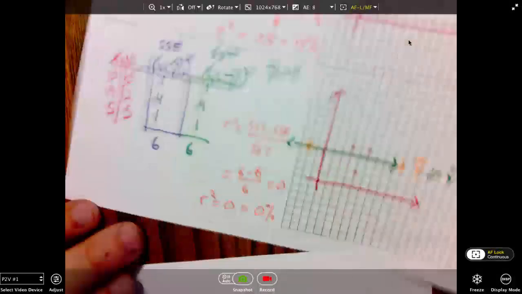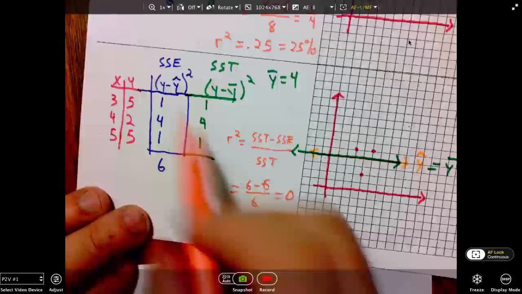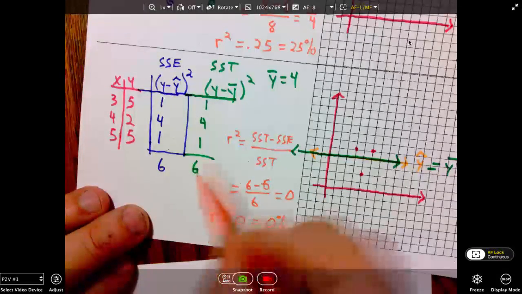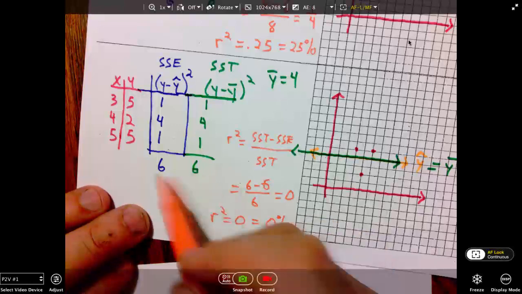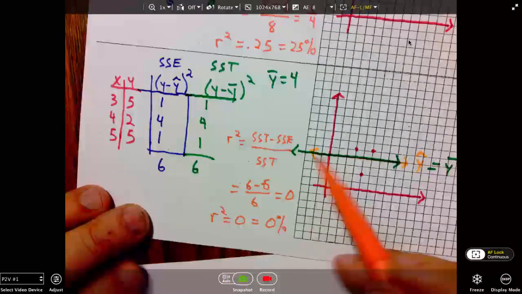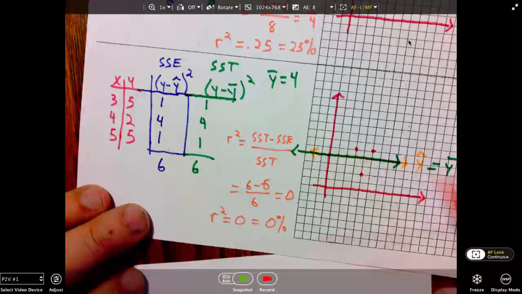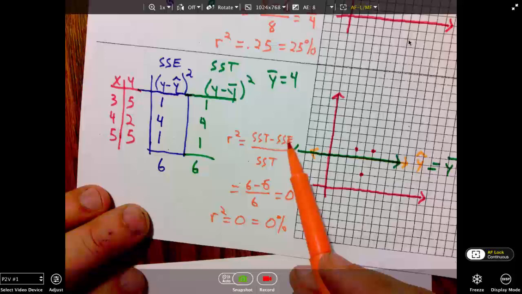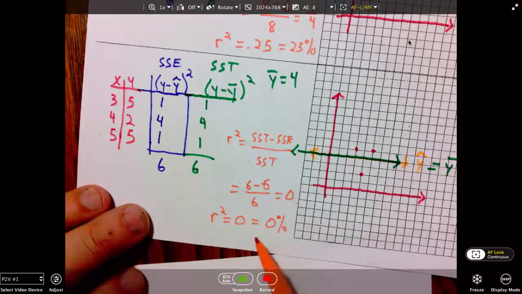As opposed to our bottom one, our residual error was exactly the same as the total error. There was no added value to our prediction. We might as well have just guessed the mean y in this case. SST and SSE were the same. Since they were the same, we had 0% there.